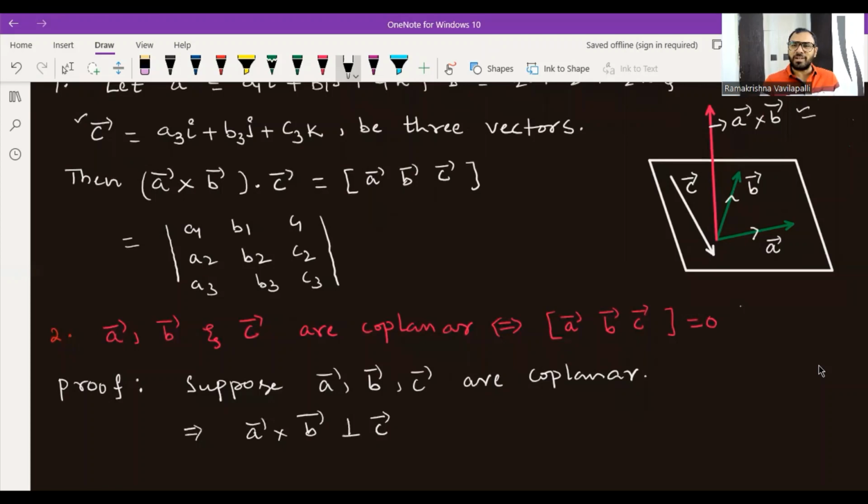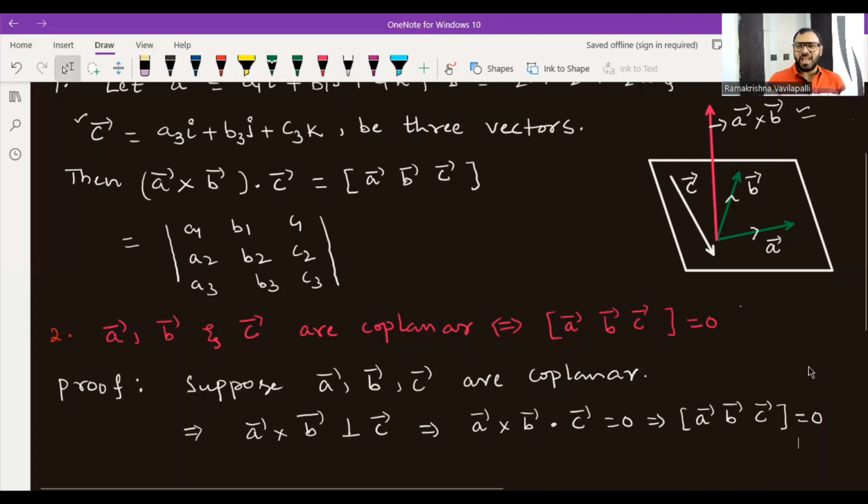So that is also perpendicular to C bar because the C bar vector lies on the same plane and A bar cross B bar is normal to that plane. So this is perpendicular to C bar. So this implies A cross B dot C bar equal to 0, which means that the box of A bar, B bar and C bar equal to 0.